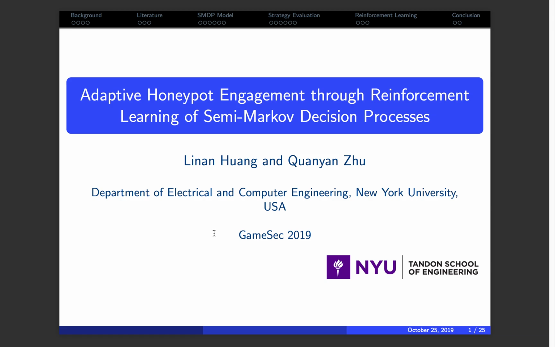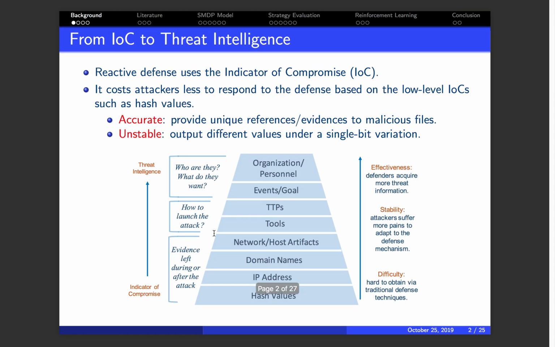So today we're going to talk about adaptive honeypot engagement through reinforcement learning. First, the current defense mechanisms rely heavily on indicators of compromise, especially the low-level ones shown in this pyramid. They are very accurate but also unstable.